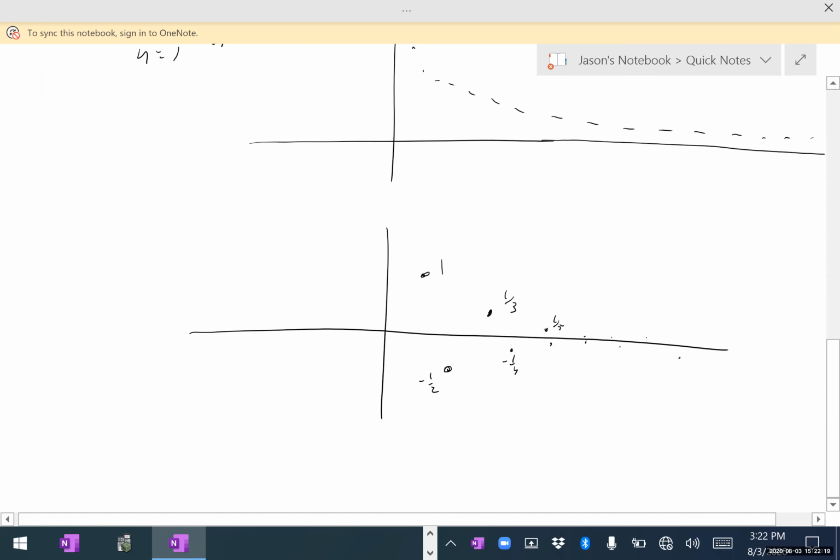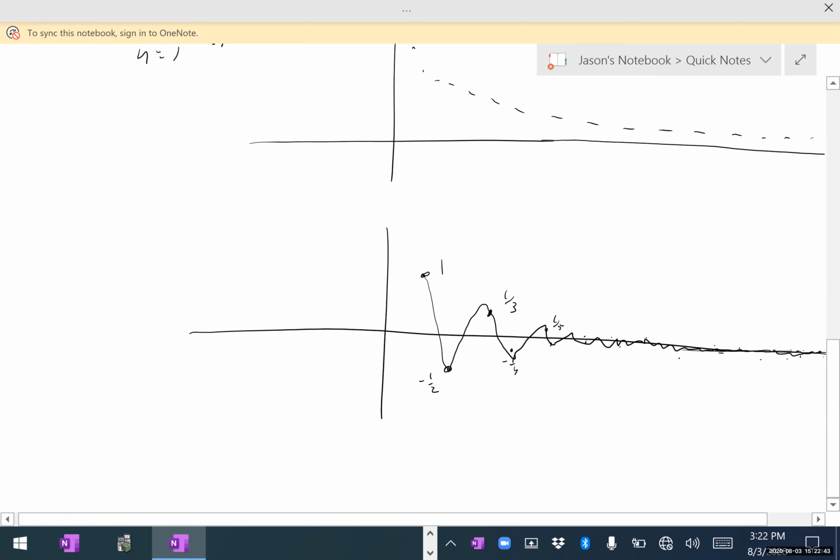We keep adding and subtracting tiny amounts, so this thing will eventually oscillate.